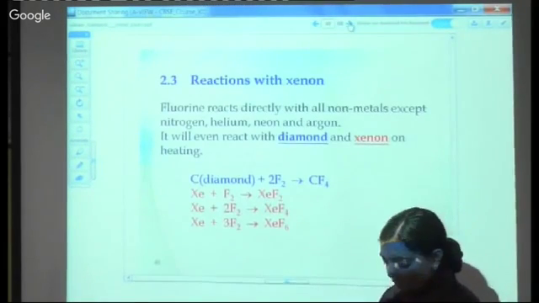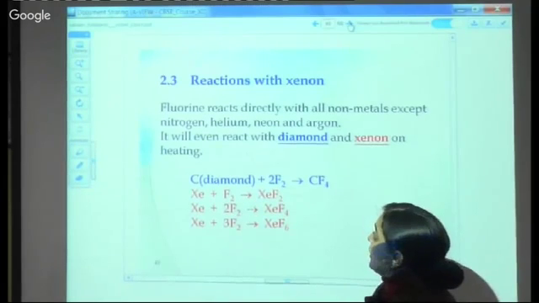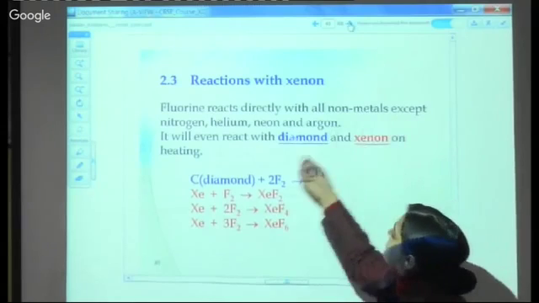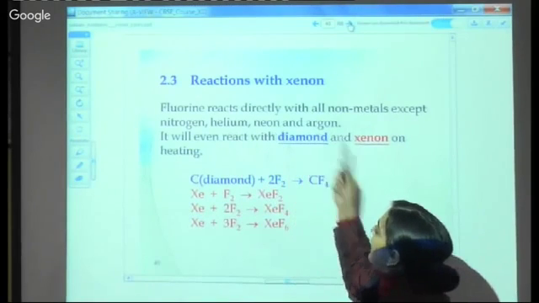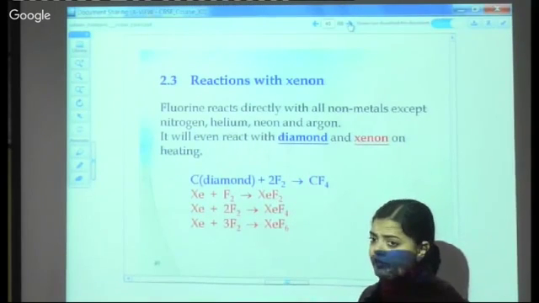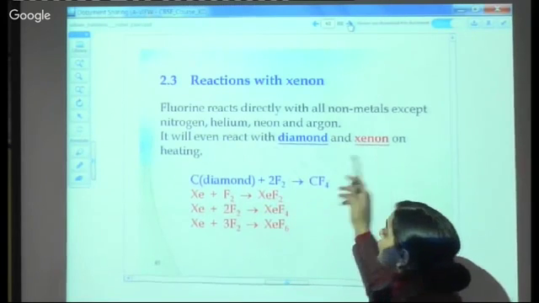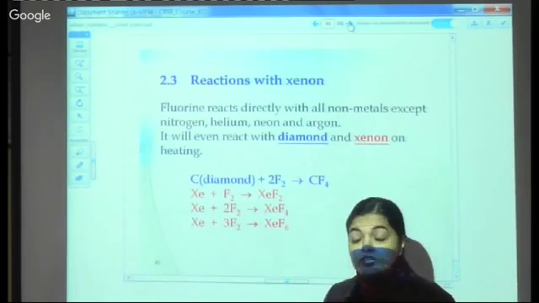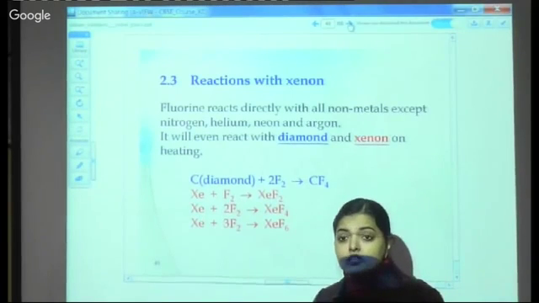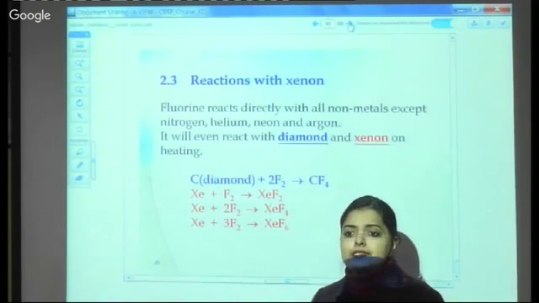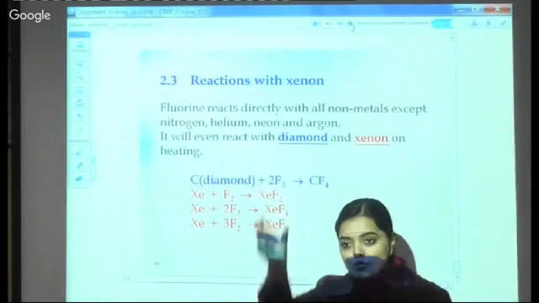Reactions with xenon and carbon. Fluorine reacts directly with all non-metals except nitrogen, helium, neon and argon, which do not react readily. But it will even react with diamond and xenon on heating. We will talk about xenon in detail when we discuss the noble gases. Xenon is a noble gas, but it comes far down the group.